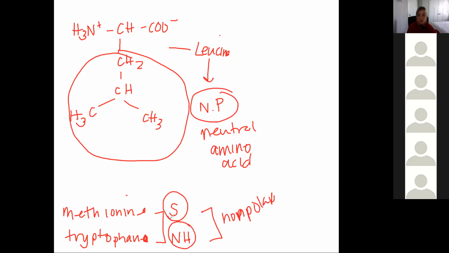They're all still nonpolar, but this has a sulfur. You could go in depth about sulfur bridges, because that's how we'll be making sulfur bridges or salt bridges. So it's nice to know which ones have sulfur in them. Let's focus on that as the next test gets closer.